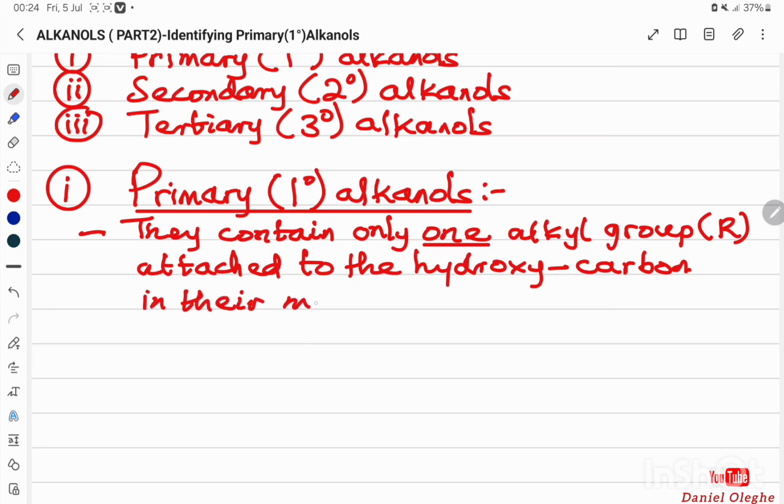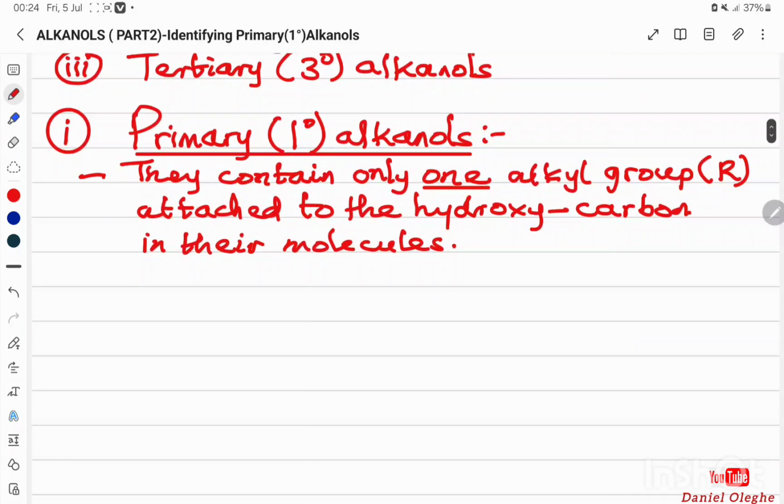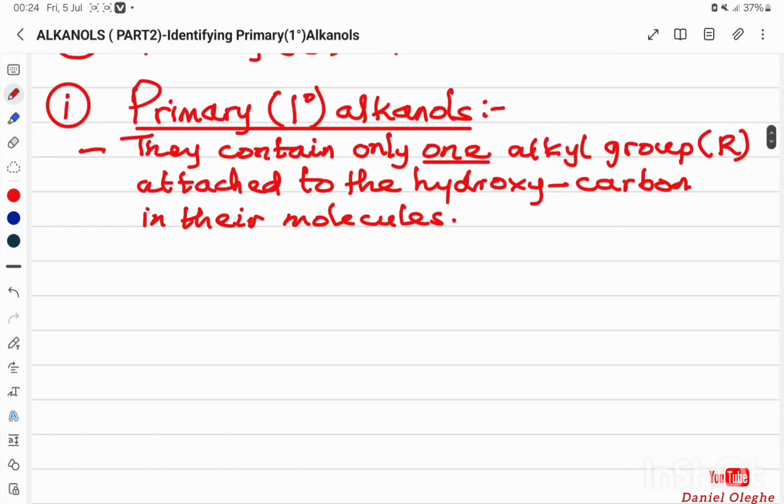These are primary alkanols. They contain only one alkyl group attached to the hydroxy-carbon atom in their molecules.